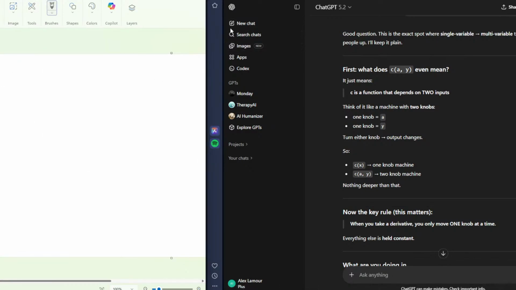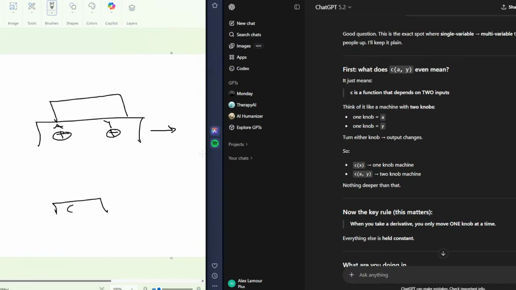So think of it like a machine with two knobs. You have a machine, and you have knob one, knob two: this is a, this is y. Turn either knob, output changes. So a one-knob machine is like this, where you just have x, and this is a two-knob machine, nothing deeper than that.